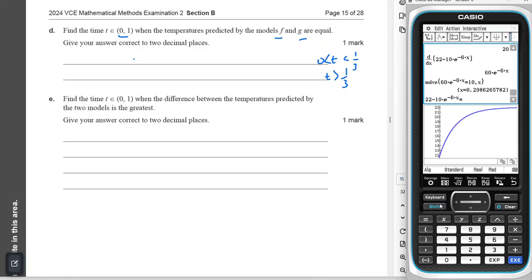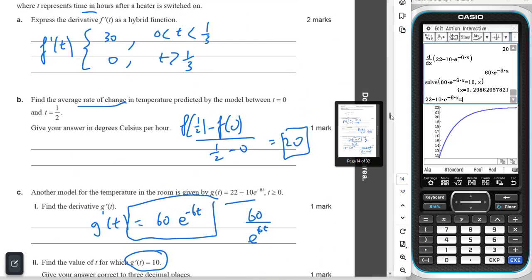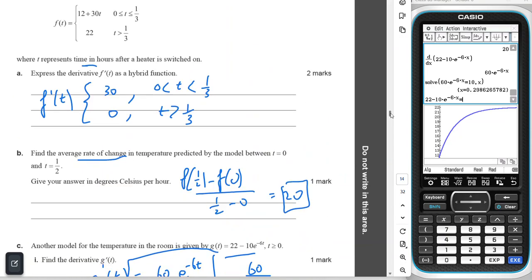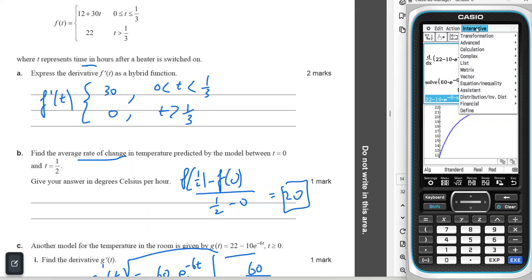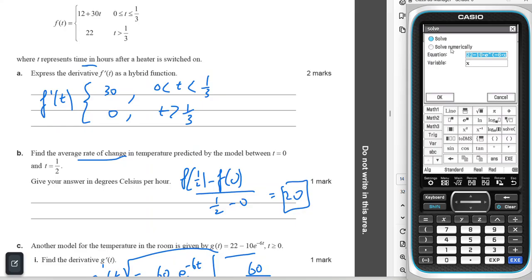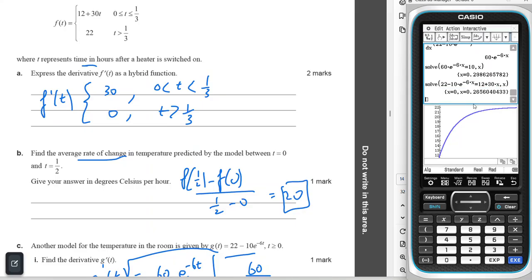So let's do this equals, and that other rule is 12 plus 30x. Let's find out where it's equal to each other. 0.265.